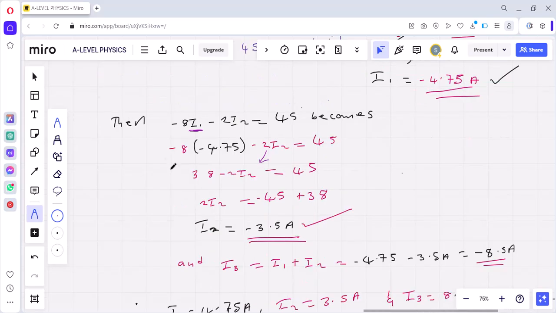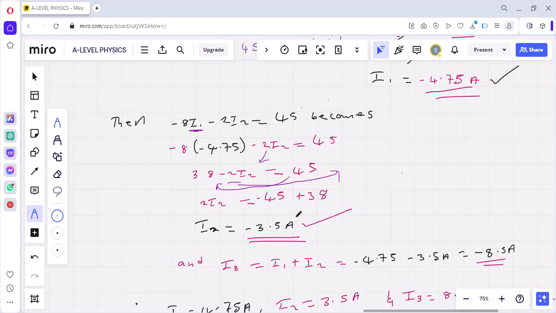What I've done here to get negative 45 is that this variable here, I've taken to the other side so that it becomes positive, and this one here, I've taken to the other side so that it becomes negative. That's where the negative 45 is coming from. Then I maintain this to be positive 38. Then after you compute, you divide by 2, you get negative 3.5 as the value for I2.